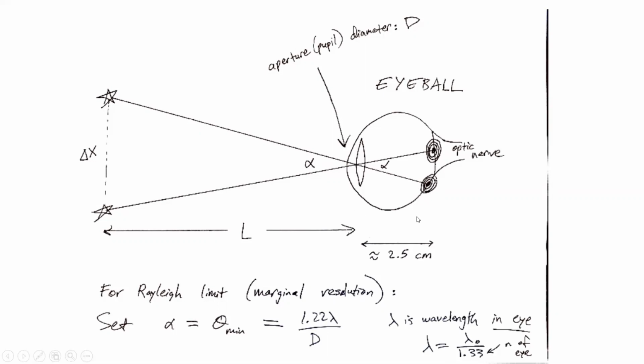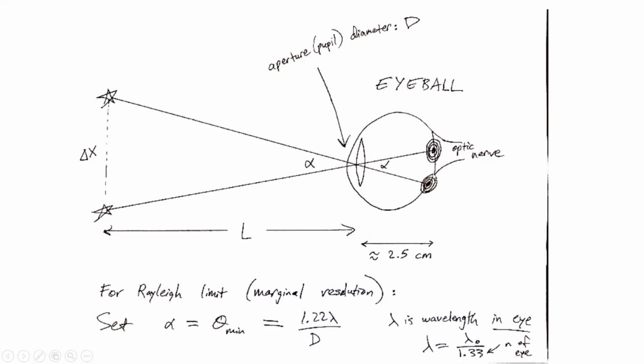So let's keep in mind that the eyeball is about 2.5 centimeters in length. And if you think back to circular aperture diffraction for a single hole, L is actually the letter that we used from the hole to the screen. So the hole now is your pupil and the screen is the retina.